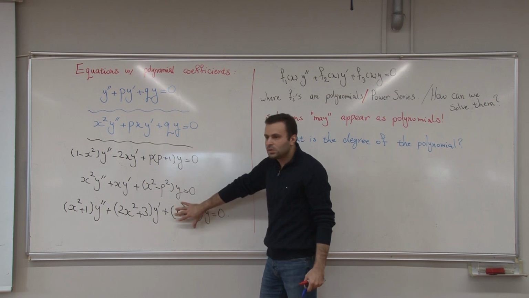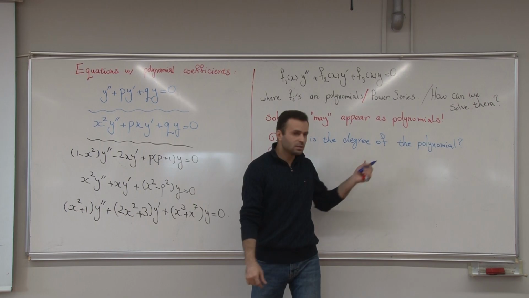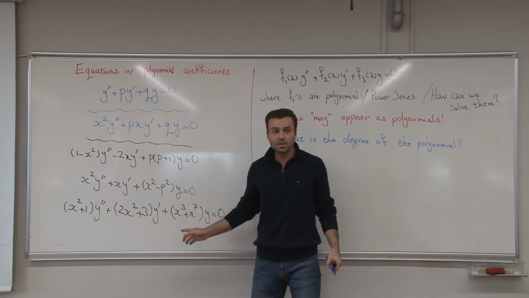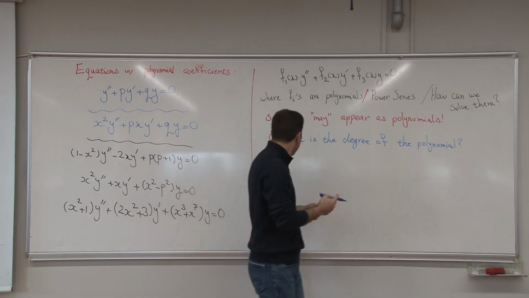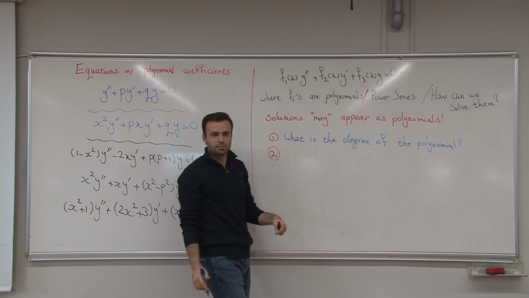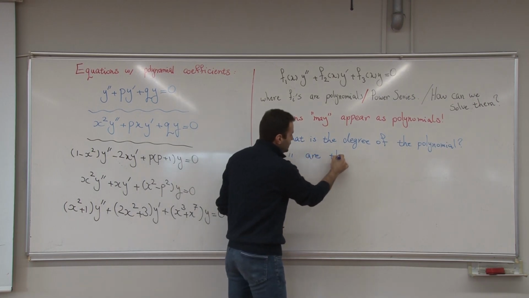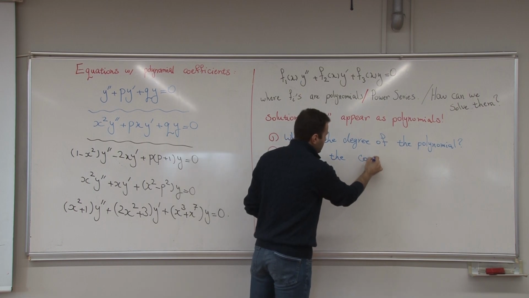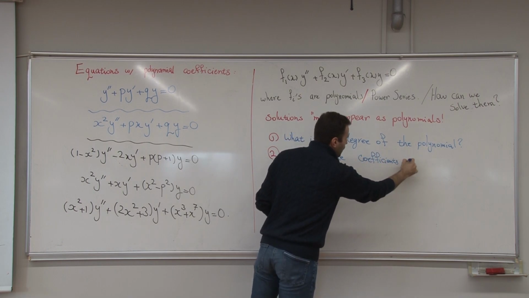These may be polynomials of lower degree, but the solution that we are going to get from this assumption may be a polynomial with higher degrees. So how can we deal with this? And the second thing is that, even if we know the degree of the polynomial, what are the coefficients of the polynomial?